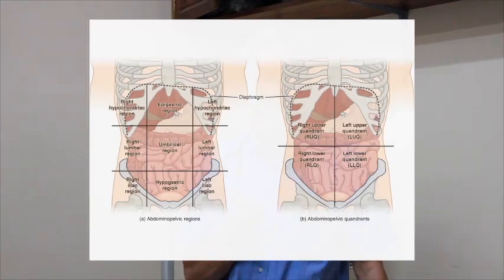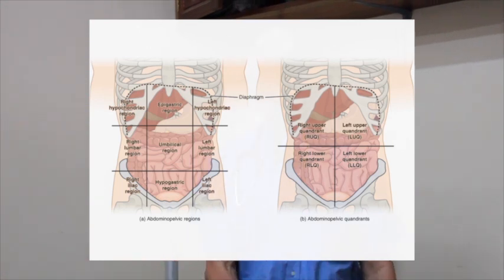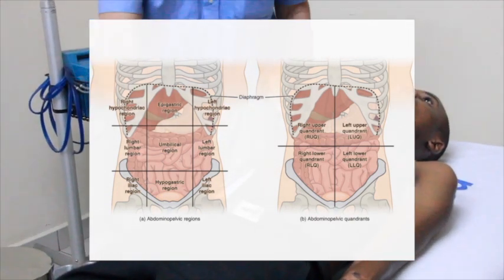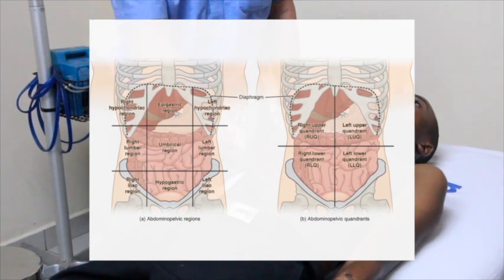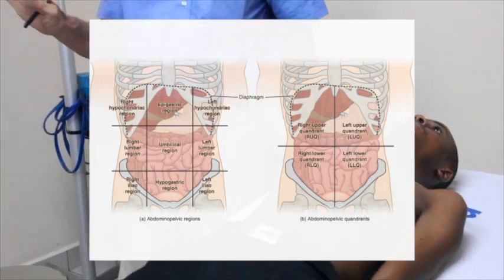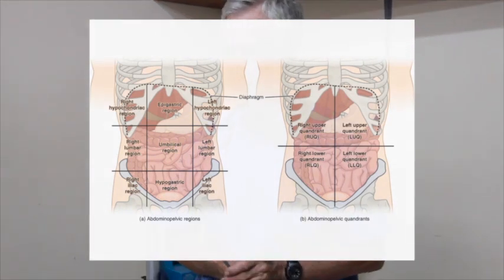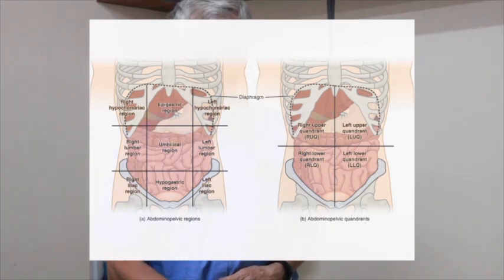Now, most students know this. There's an easy one in quadrants. And all you do is a line through the umbilicus, horizontally and vertically. And that will give you right upper quadrant, left upper quadrant, right lower quadrant, left lower quadrant. That is fine, but of course it's not detailed enough. That's why we have 9 divisions. And to get 9 divisions, you have imaginary lines again.